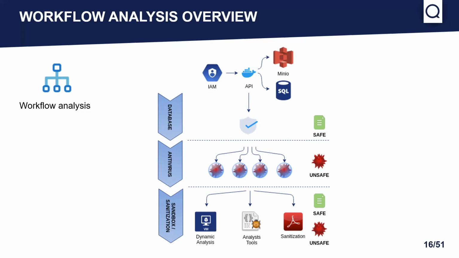In fact, you will benefit from Quarks Flow automation capacity, and will send the file to tools able to produce results that will be used later by an analyst to help him diagnose if the file is malicious or not. It could also be results that will be useful for other solutions. So meaning it will be used as a pre-processing system that prepares the result that will later be used elsewhere.